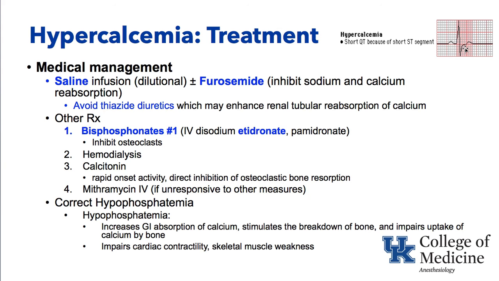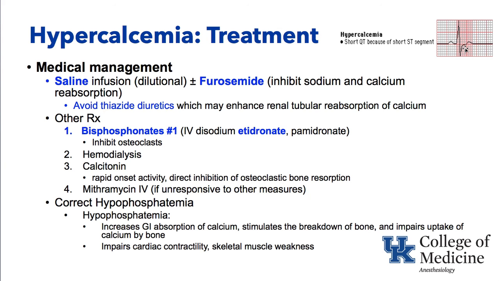One of the causes of hypercalcemia is metastatic tumors, and a patient with metastatic tumors who's hypercalcemic, saline, Lasix can lower that calcium level. Other treatment, bisphosphonates, IV disodium etidronate and pamidronate, which inhibit the osteoclast.